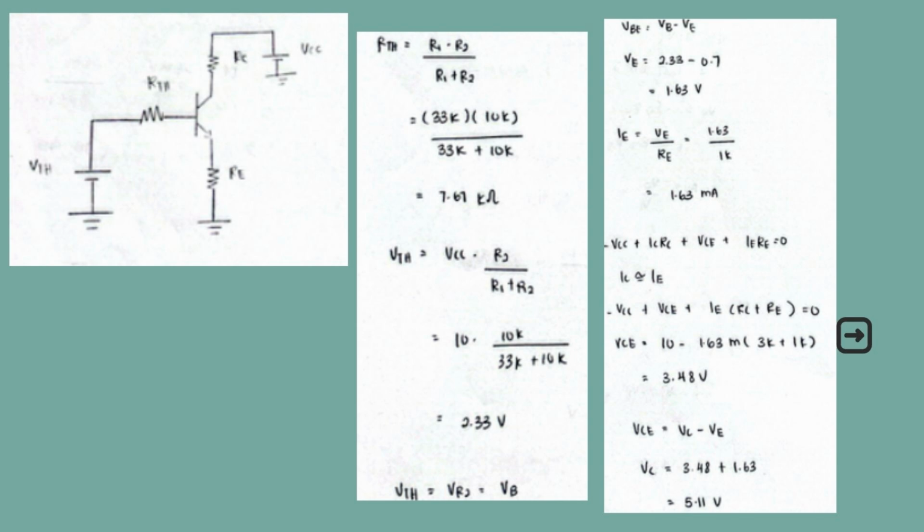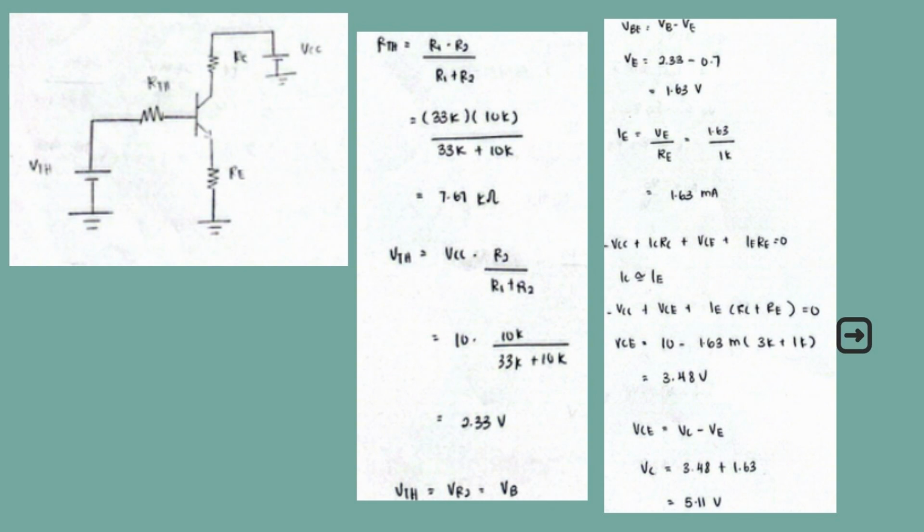You can see that in the picture. So VCE equals 10 from the VCC minus 1.63 milliampere multiplied by 4 kilo ohms, and VCE we will get 3.48 volt.